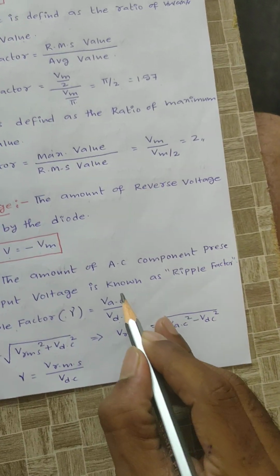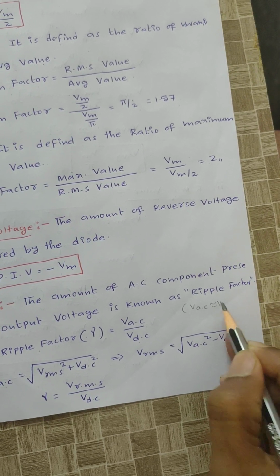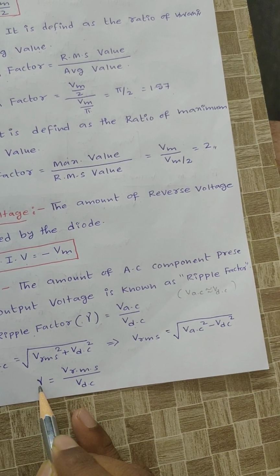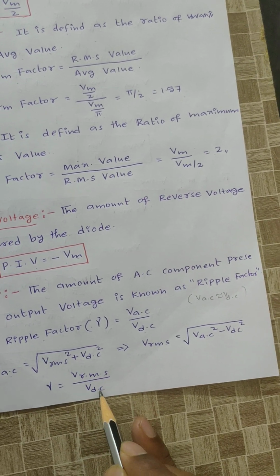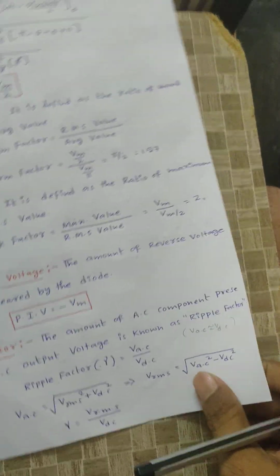See here, approximately VAC and Vrms values are both equal. Don't confuse here. For that purpose, for gamma I am directly writing Vrms by VDC, where Vrms is again the square root of VAC square minus VDC square.